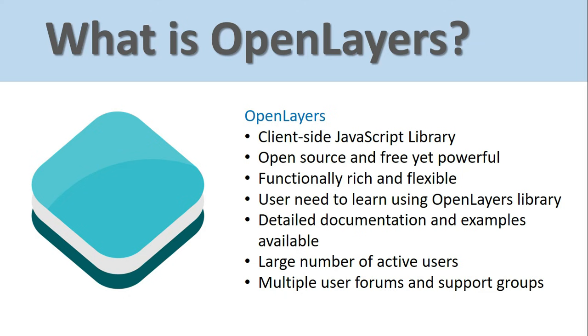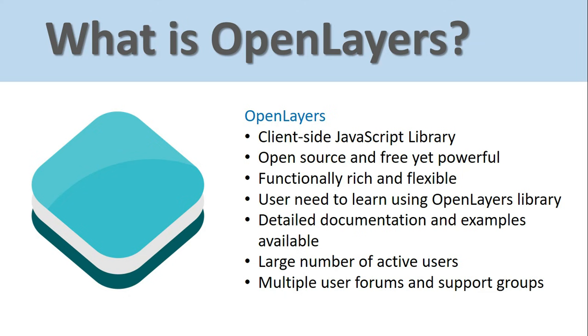OpenLayers handles all these queries through AJAX technology, that is asynchronous JavaScript plus XML technology. Now, why are we calling it a library again and again? Because it is a map engine that provides an API, that is an application programming interface. APIs can be used to render maps and perform basic analysis.